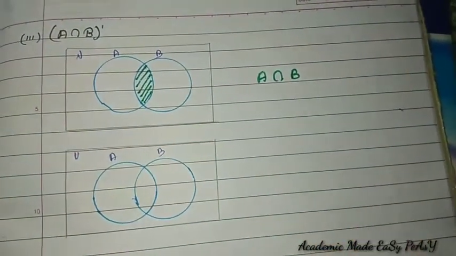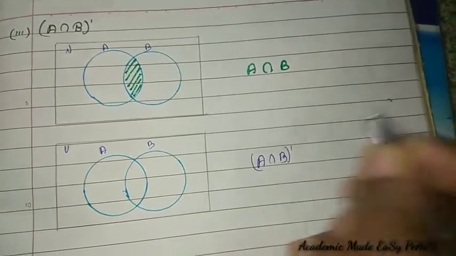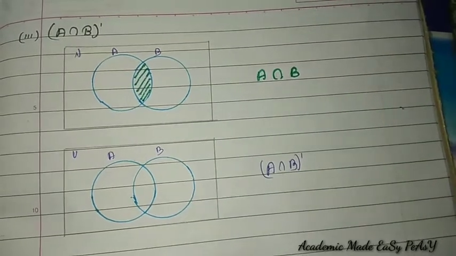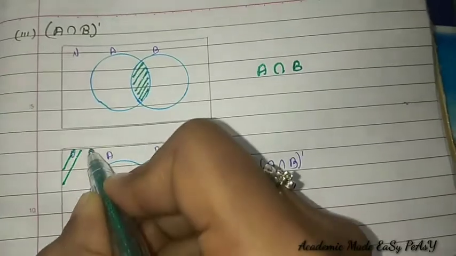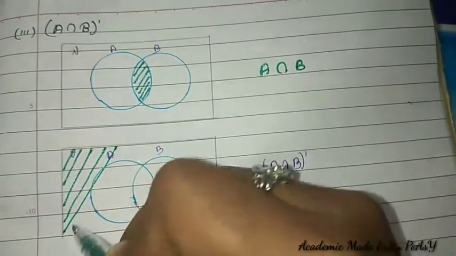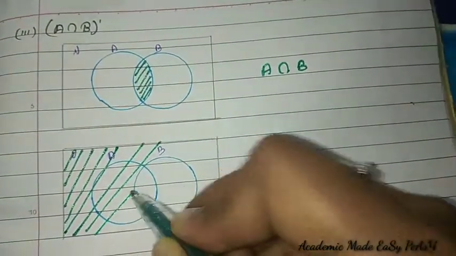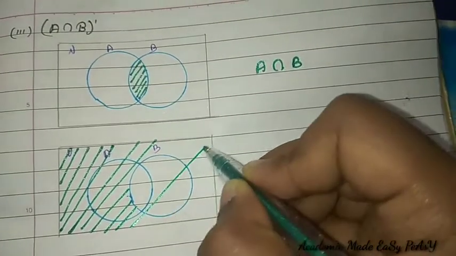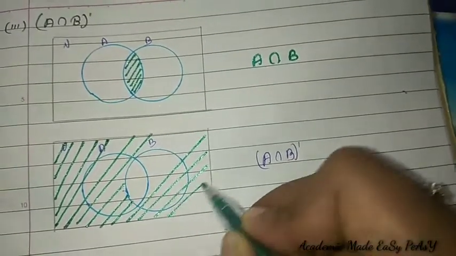Now what will be my A intersection B the whole dash? The unshaded region in the Venn diagram will be my A intersection B the whole dash. So I will be shading the entire rectangle and the circles where I did not shade in the previous diagram. This way you will be drawing the Venn diagram for all the sums.